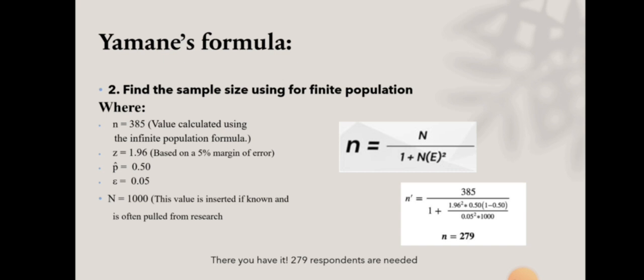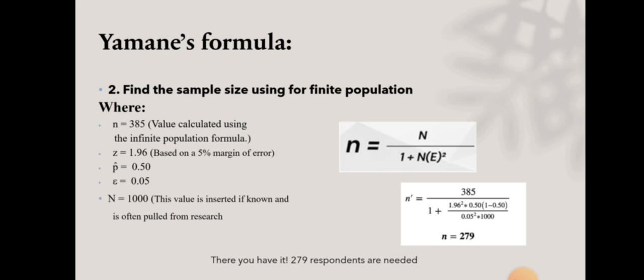Substituting, as shown on the slide: 385 over 1 plus 1.96 square times 0.5 times 1 minus 0.5 over 0.5 square times 1,000.